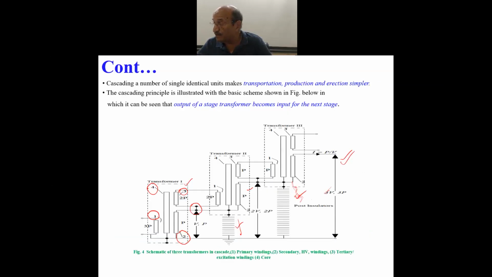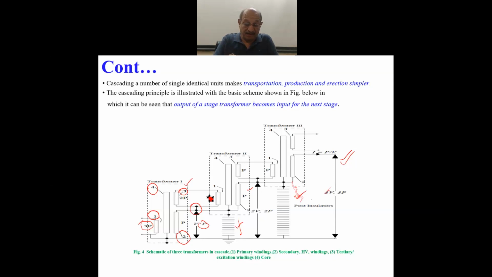Yeah, we did not talk about the power units. See, the input power here is 3P, let's say. So what happens here? There is P output. The output of the first stage has power rating P, and 2P goes to the tertiary winding, which becomes the input for the second stage.